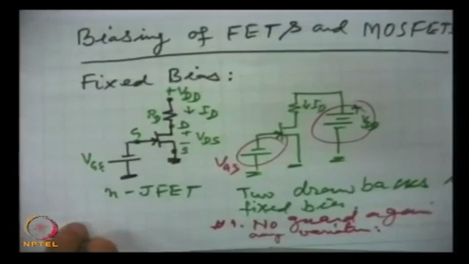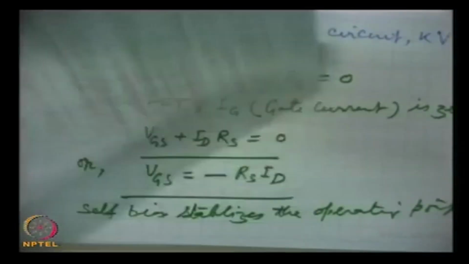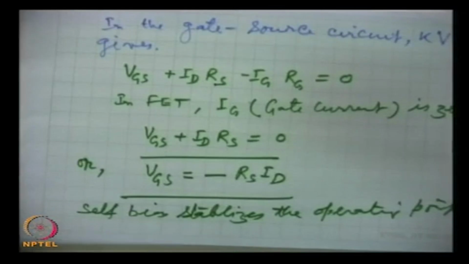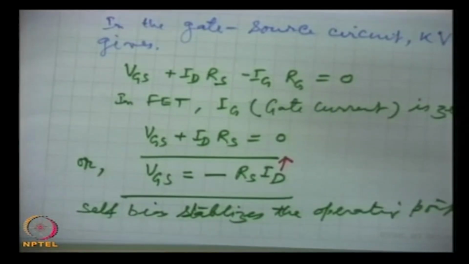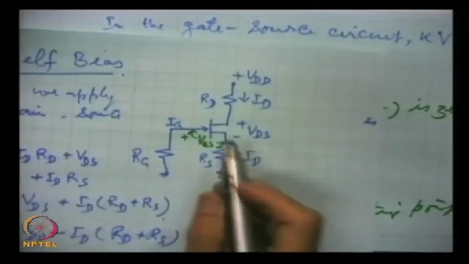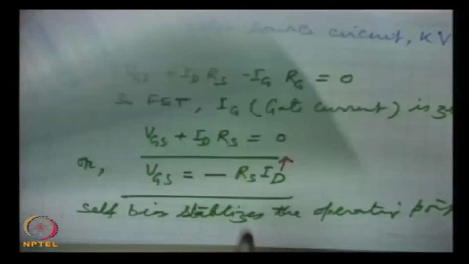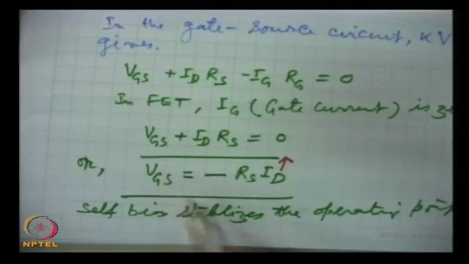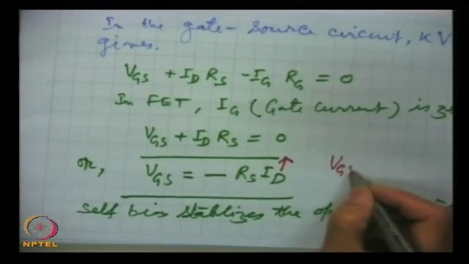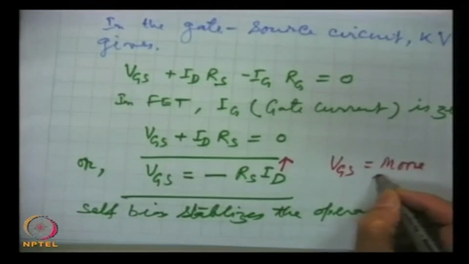There is nothing to take corrective measures in the fixed bias, while in the self bias, if this current increases, then this voltage will be more negative, VGS more negative.